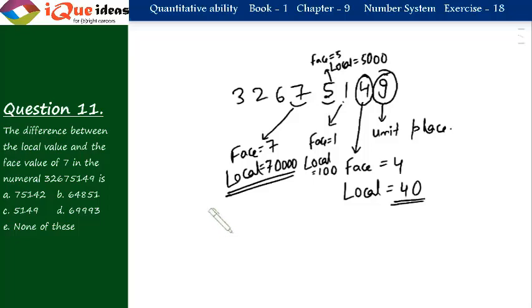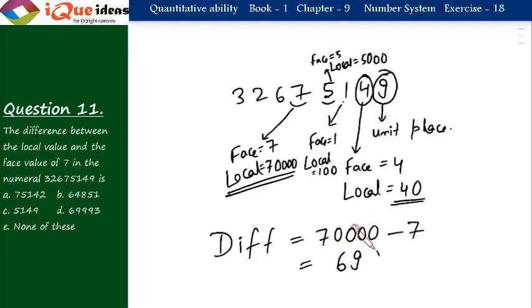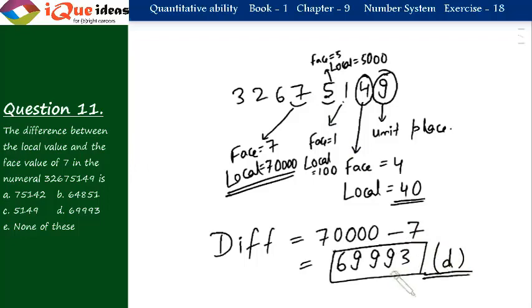So the required difference is equal to 70,000 minus 7, so it is 69,993. That's the answer of the question, and I think it is option D. All right. So you just needed to know the definition of the face value and the local value.